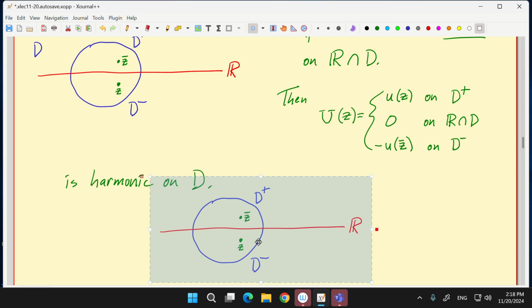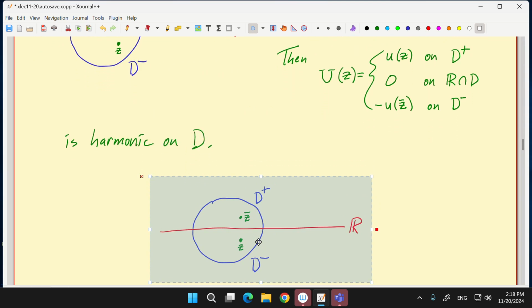But if I gave you this picture here, the proof would be, think about the weak averaging property. If I give you a spot right here, I can do the weak averaging property because U is harmonic there. If I give you a spot here, I could put a big disk in there because U is harmonic. So I can do the averaging property at points like that. And for minus u of Z bar, you do the chain rule.